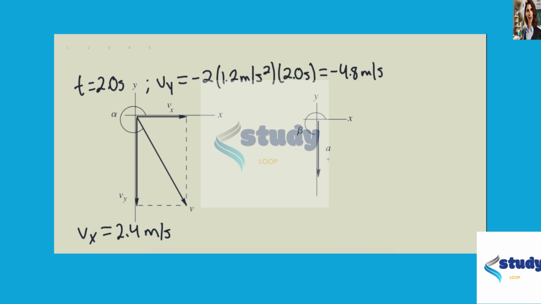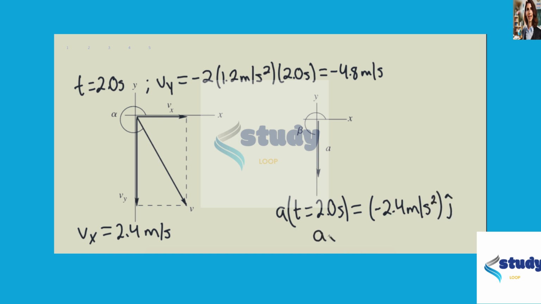And then for the acceleration, we have at t equals 2 seconds, this would all be in the y direction, and this would be -2.4 meters per second squared j hat.